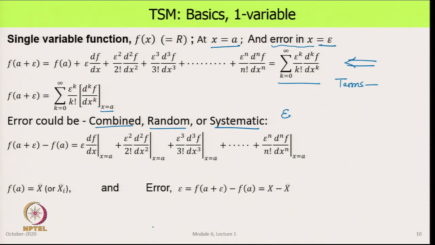Now, what we do is to calculate error in the result, we bring this f of a to the left side and say f of a plus epsilon minus f of a, this is equal to all of this, and so on the right side we only have terms which have derivatives, all evaluated at x equal to a.